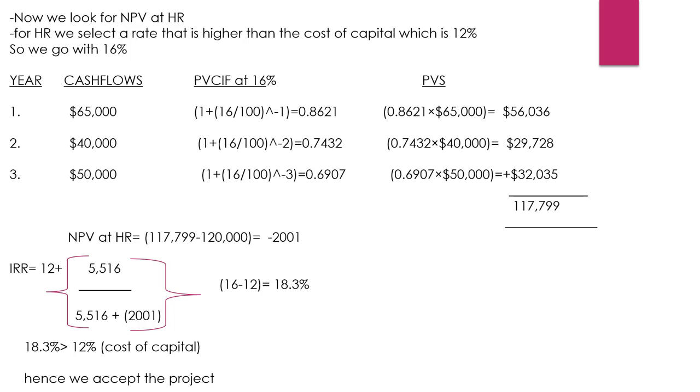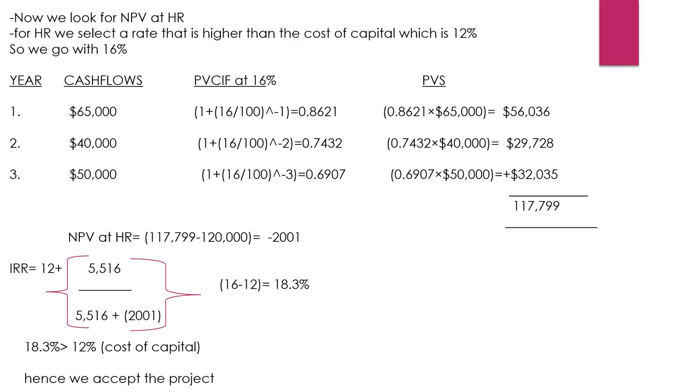So in the first year, the cash flow is $65,000. The present value factor at 16% will be open bracket 1 plus 16, which is our rate, divided by 100, raised to the power -1. Why is so? Because it is the first year.